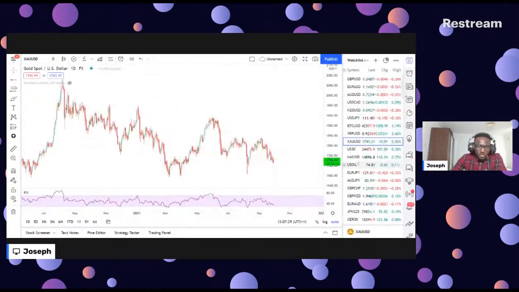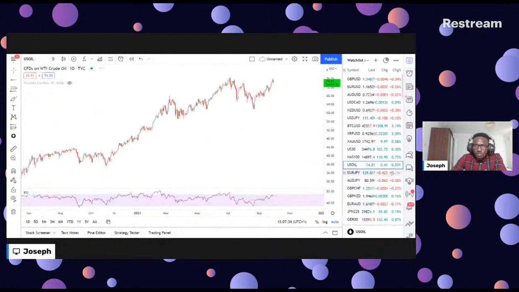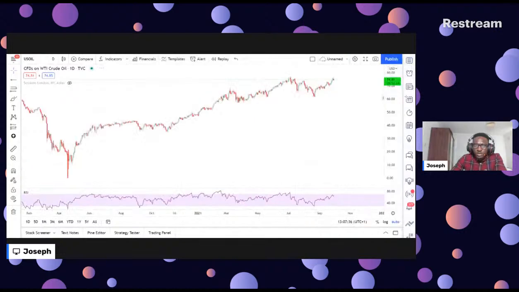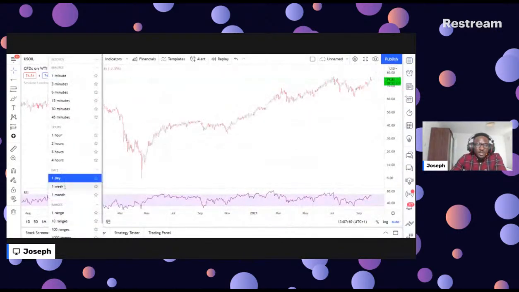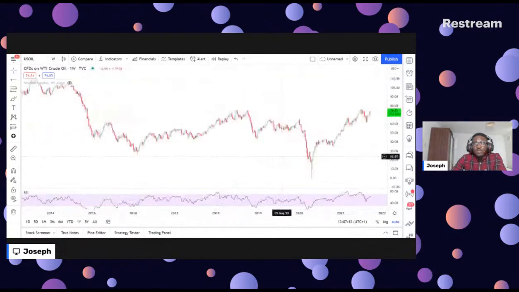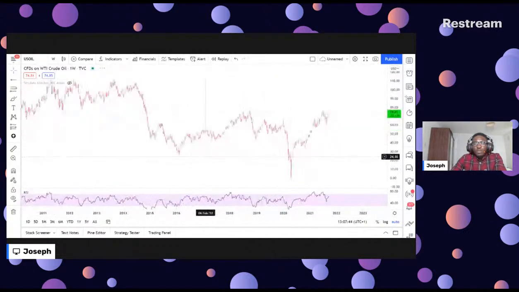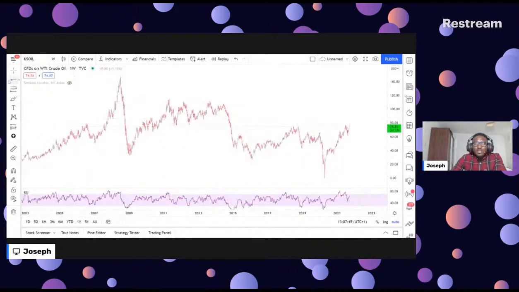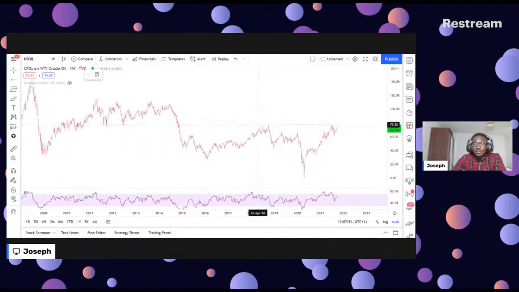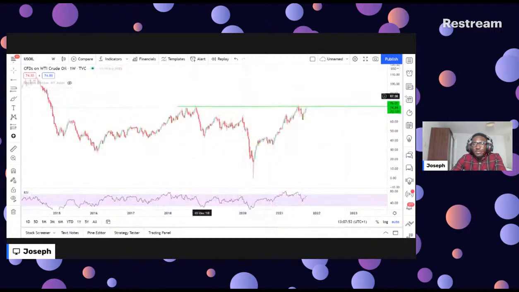So anyway, someone asked me to look at crude oil. With the crisis we're having with oil in the UK, I expect oil prices to be going up. I have to put this on a weekly chart. Or maybe not. The market has come into a previous structure, and we haven't broken that structure.